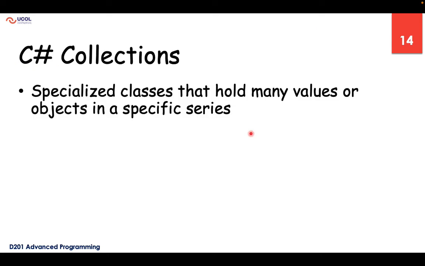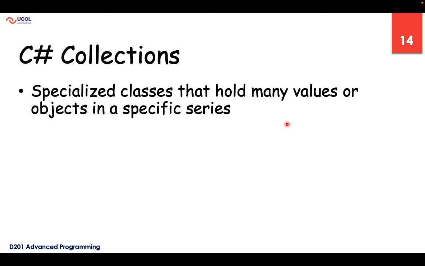And now we talk about collections. A collection is a specialized class that holds many values or objects in a specific series. It is more like an array, but when we define an array we have to give the size. On the other hand, with collections we don't need to specify the size.